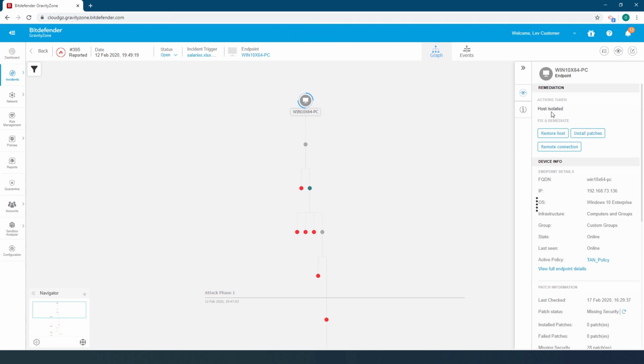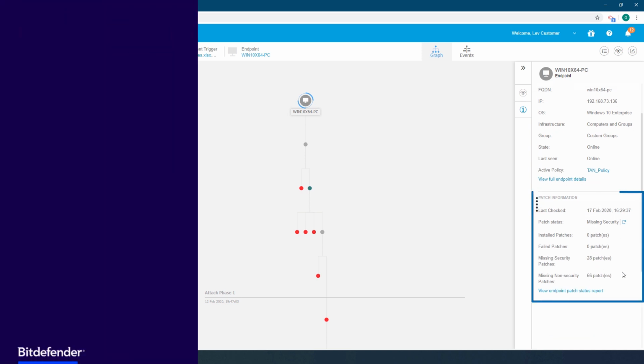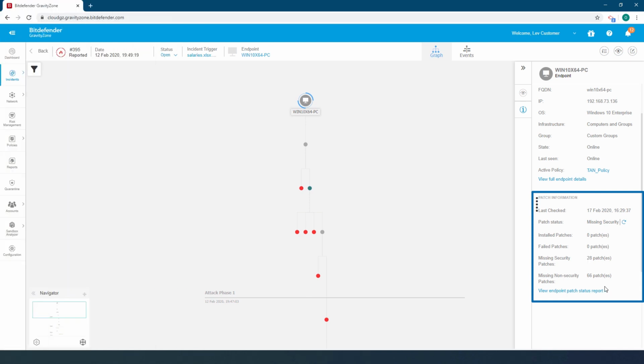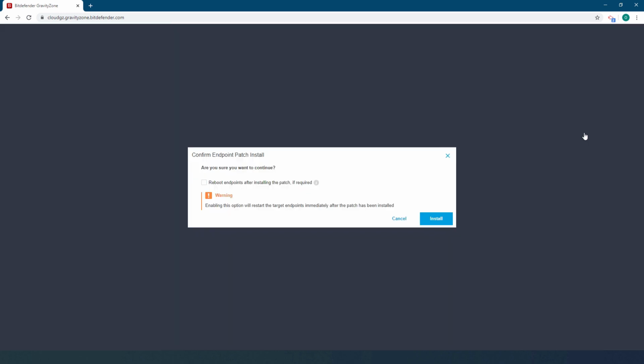In the right pane, we can also see device information and also patch information, which can provide us insight into missing security patches and also missing non-security patches on the specific endpoint. We have direct actions of viewing the endpoint patch status report to further understand more, or quickly install patches that are missing in order to harden the endpoint directly from the EDR incident.